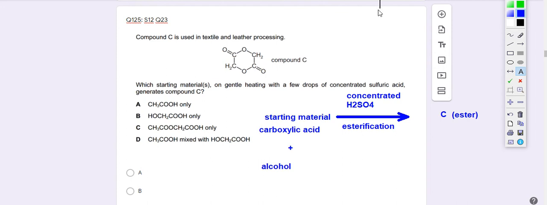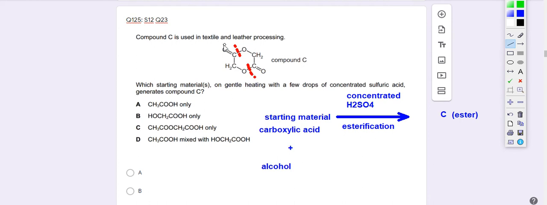Normally, to find the original starting material, I will try to break the C-O bond, because carboxylic acid and alcohol join at the C-O bond to form the ester. So now let's try to break the C-O bond. Then from there we can see what the starting material is.